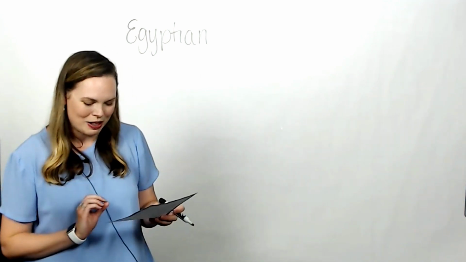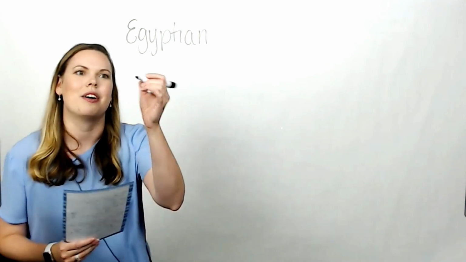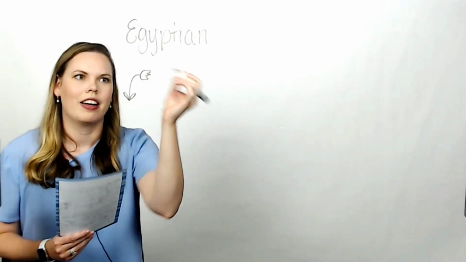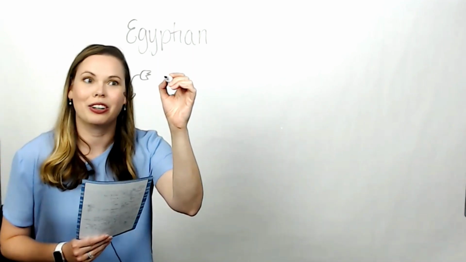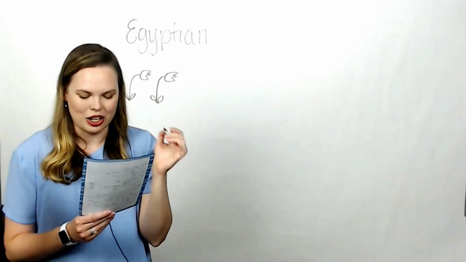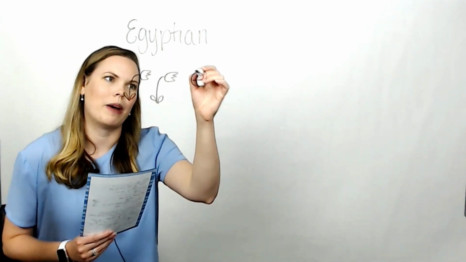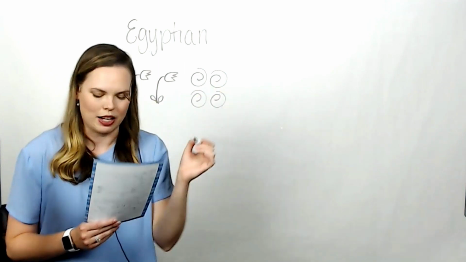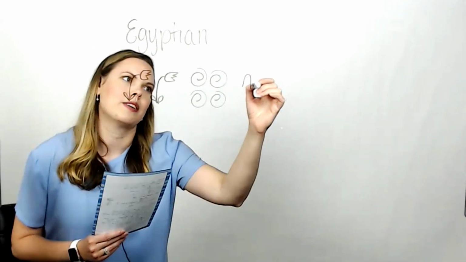The Roman system is also additive. I'm not the greatest artist, so I'm going to draw these hieroglyphic symbols that represent numerals, and then we'll talk about what each of them means and what quantity it represents.